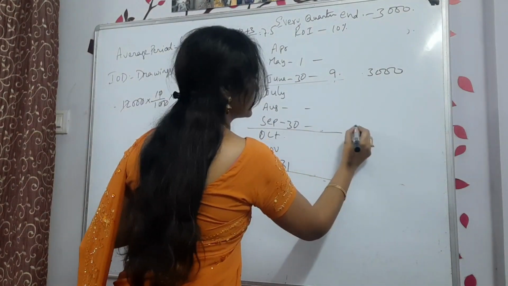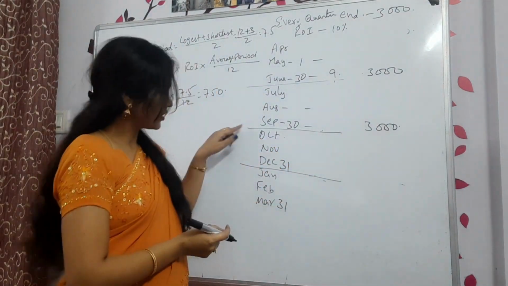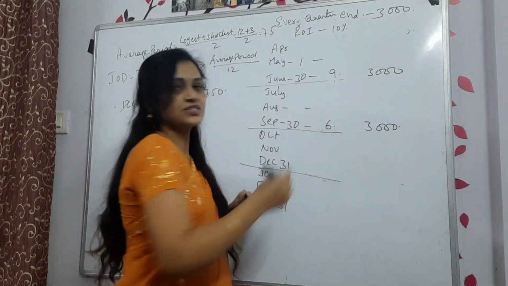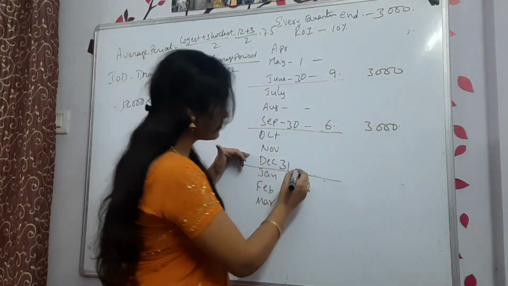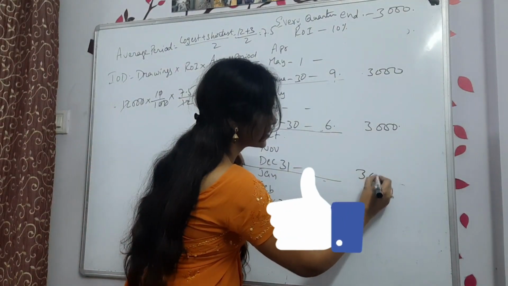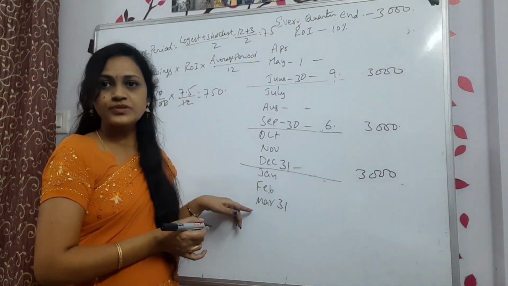How much? 3,000. How many months were there? 3 plus 3, 6 months were there. So write down 6 months here. Now the third one, December 31st. How much? 3,000. How many months left? 1, 2, 3.